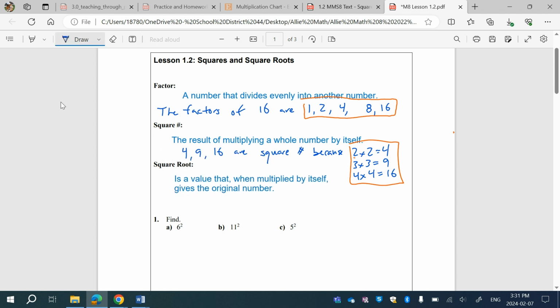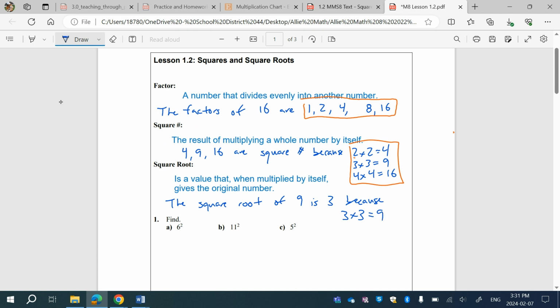So let's see, the square root of 9 is 3 because 3 times 3 equals 9.